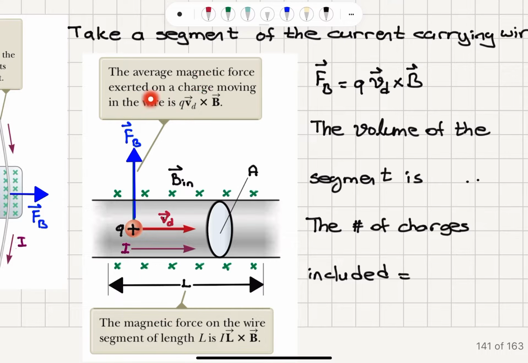So the average magnetic force exerted on a charge moving in the wire will be q drift velocity cross product with the magnetic field.